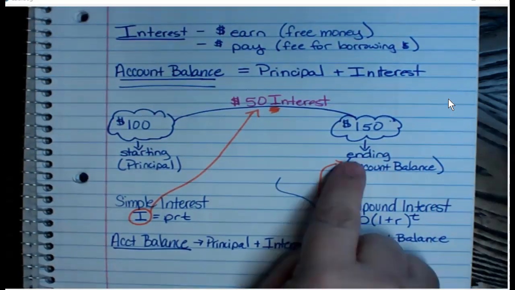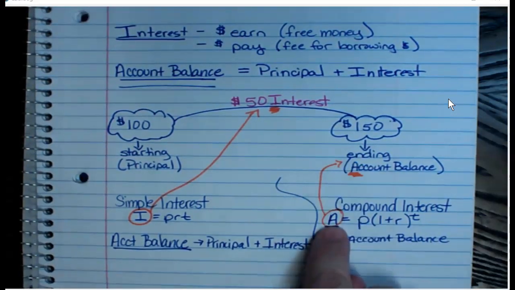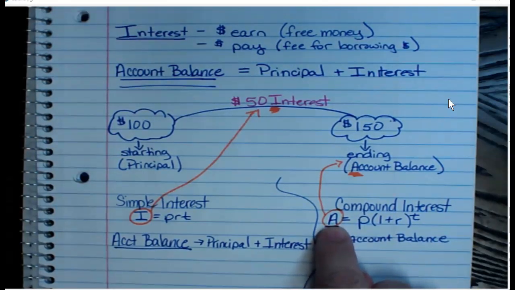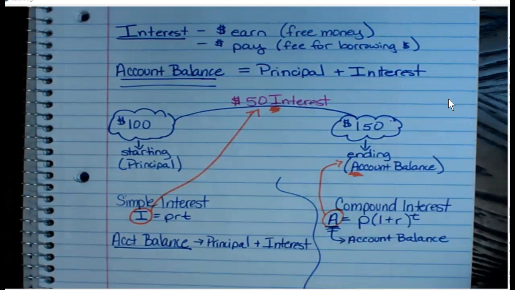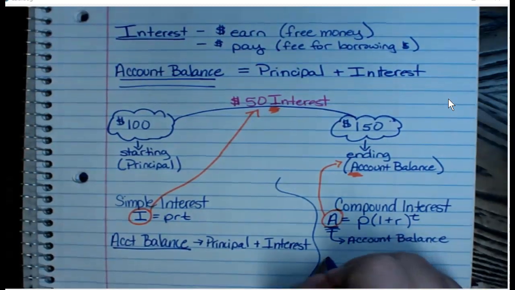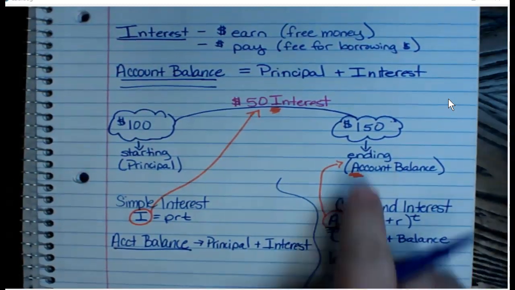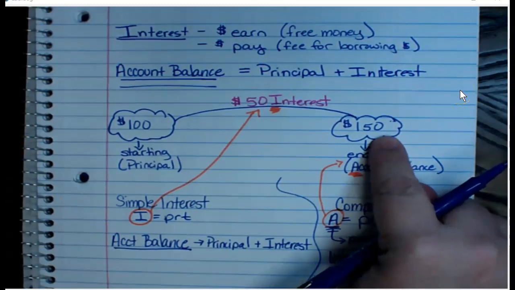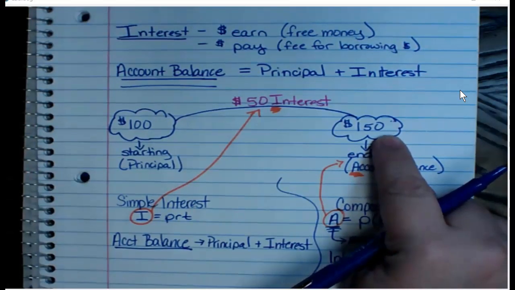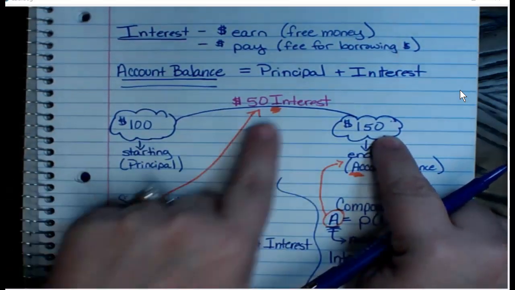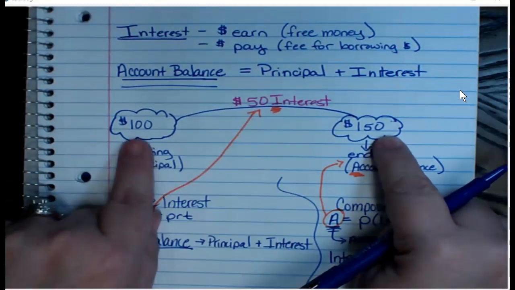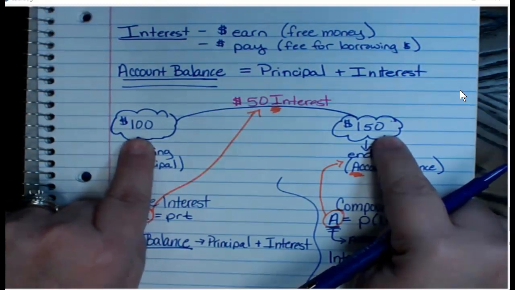So if I know my account balance, this is telling me how much the total balance is, the principal plus the interest. But what if the question is asking me, how can I find out how much interest I had to pay or I had to borrow? Well, if I'm starting with the end amount, the total amount, I have to go backwards. I have to work backwards to find out how much my interest was. I'll know how much I started with, how much I either deposited or borrowed.